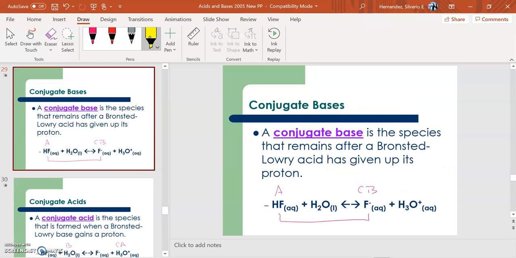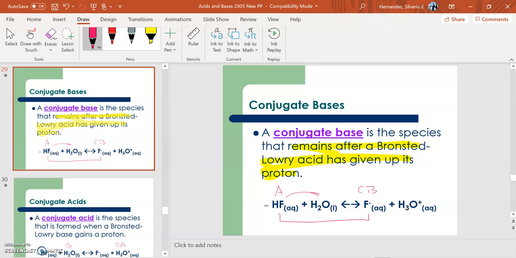So we're going to talk about a conjugate acid and a conjugate base. And this slide here talks specifically about a conjugate base. And the conjugate base is what remains after the Bronsted-Lowry acid reacts to give up a proton. So here in this example, you'll see that the hydrofluoric acid is going to donate its hydrogen ion over to the water.